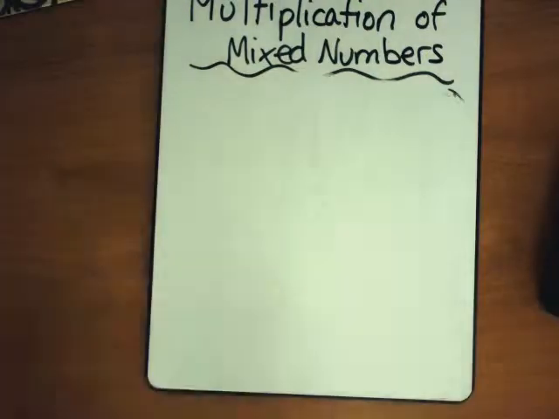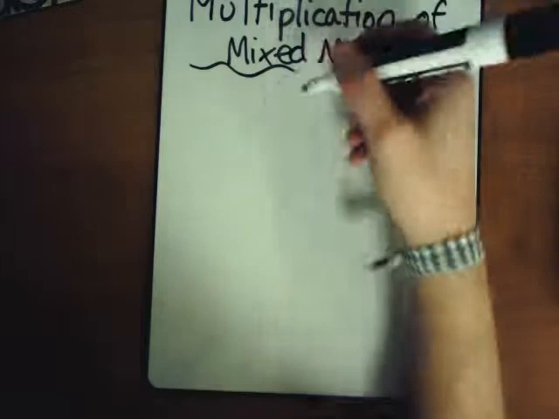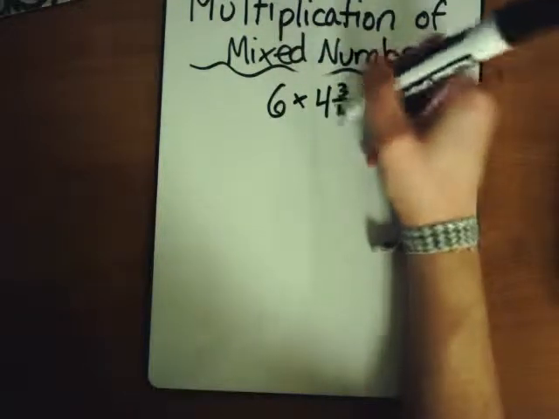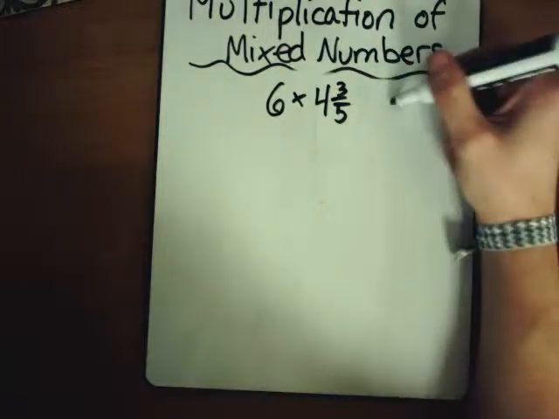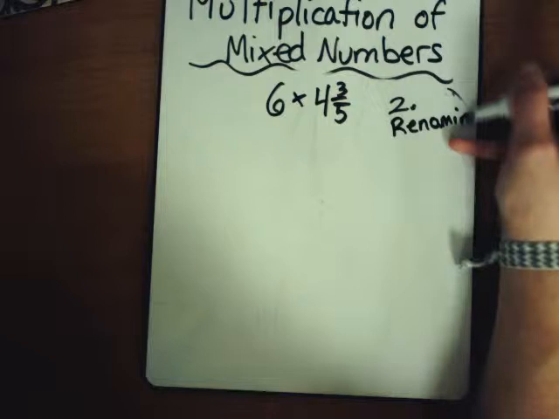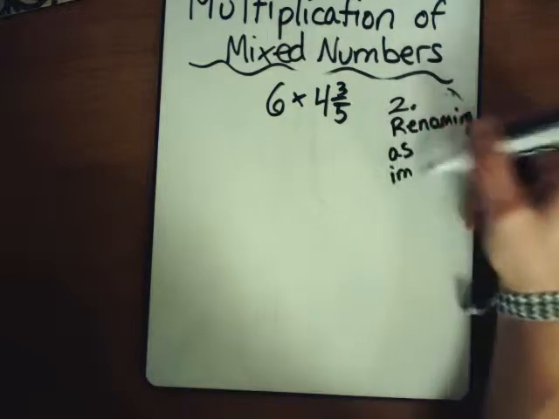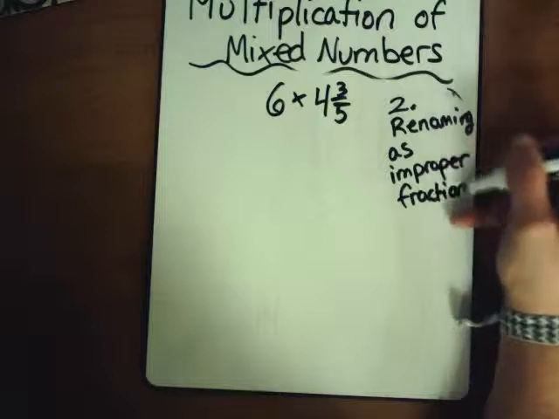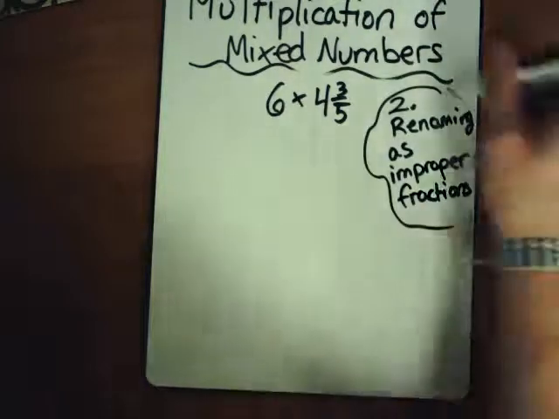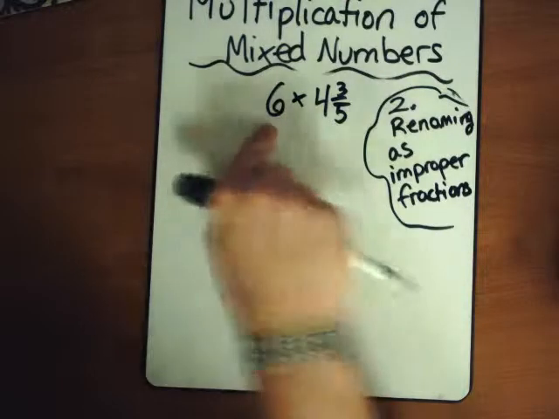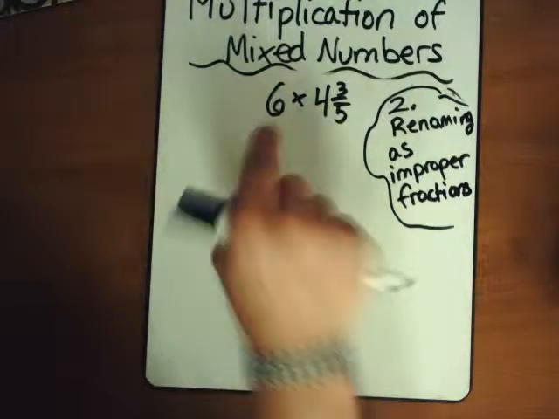Okay, the other method is to rename it as improper fractions. So we're going to again do 6 times 4 and 3/5 in a different way. So method 2 is renaming as improper fractions. Okay, so when I think about 6 here, I want to go ahead and put it in an improper fraction form.